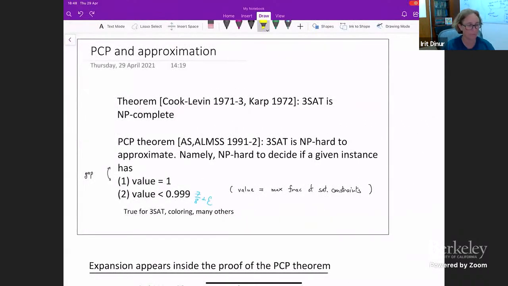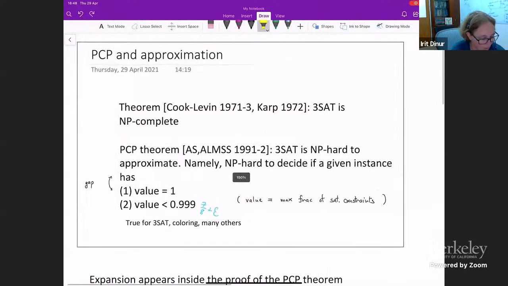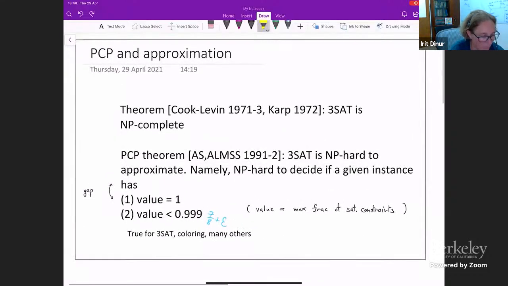So far, what we talked about was generally CSPs, how to view them as graphs, and we defined what graph expansion is. Now let's talk about the hardness of 3-SAT, which we know is NP-complete.